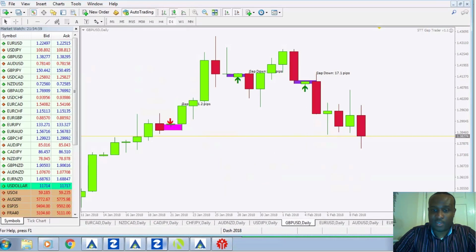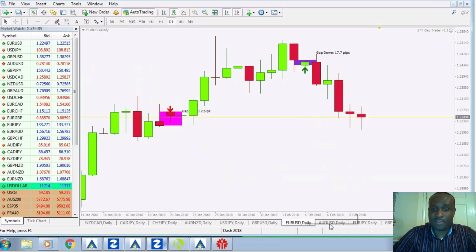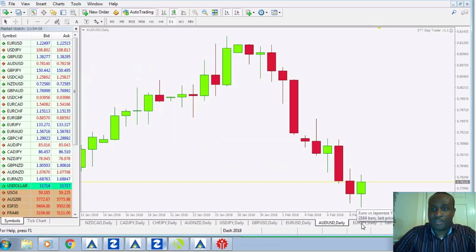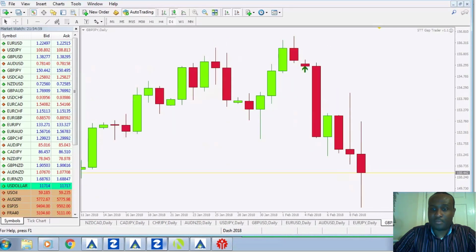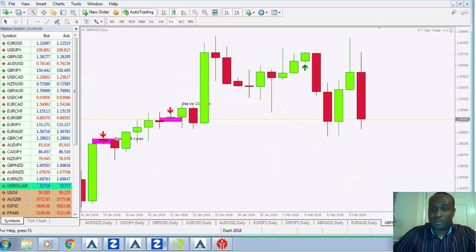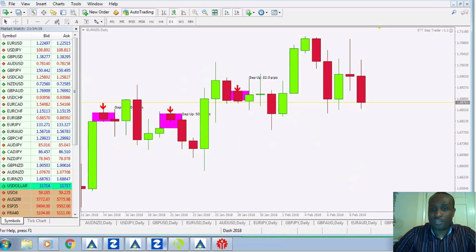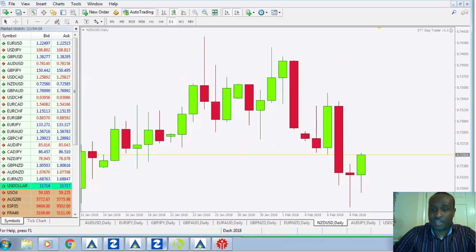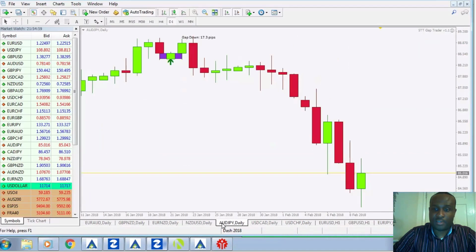So all the currency pairs have got a gap indicator set up. So once there is an opportunity, I will get the alert. So all these are set up on individual charts, both the indicator and the auto trader.